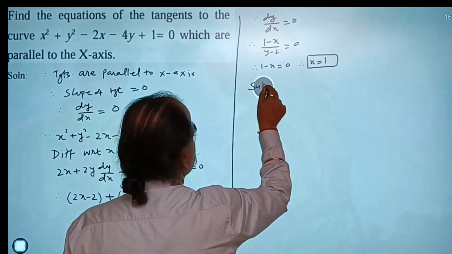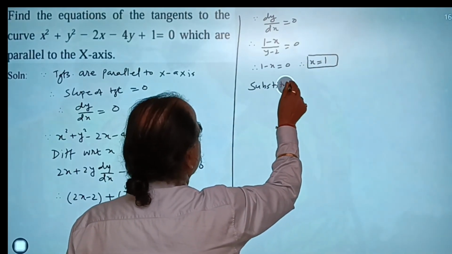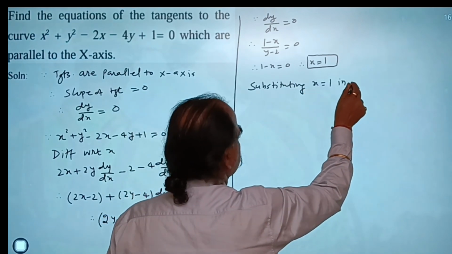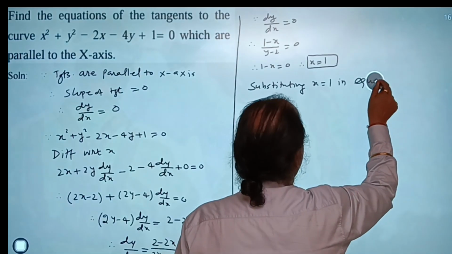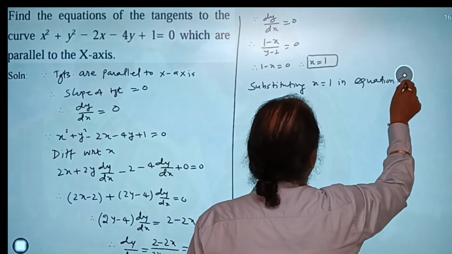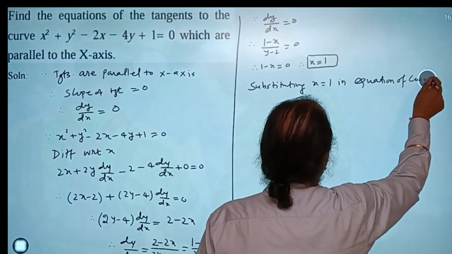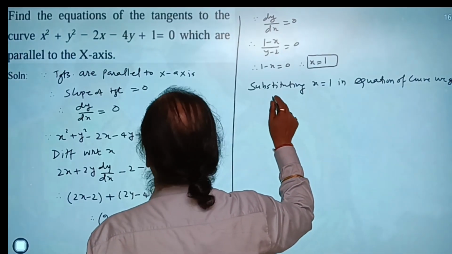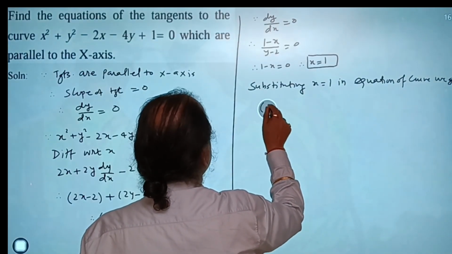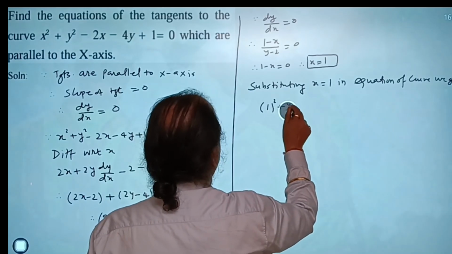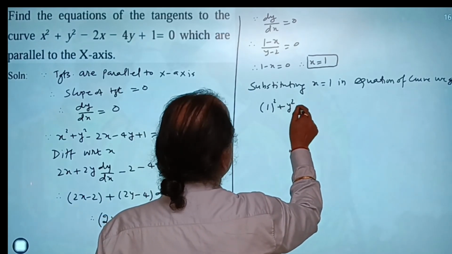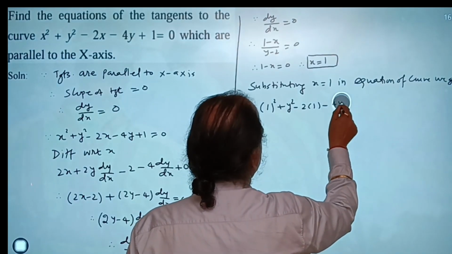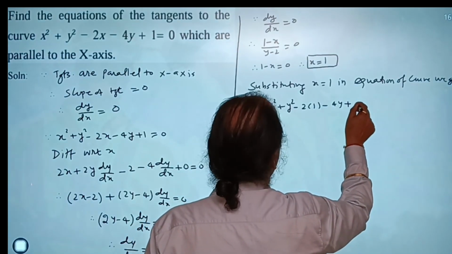Substituting x is equal to 1 in the equation of curve, we get 1 square plus y square minus 2 into 1 minus 4y plus 1 is equal to 0.